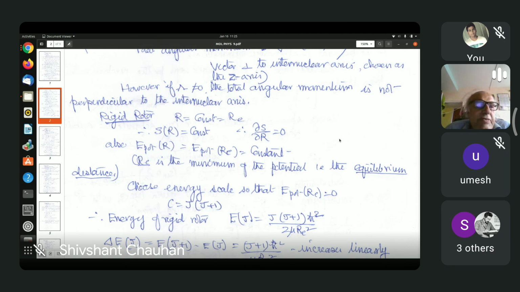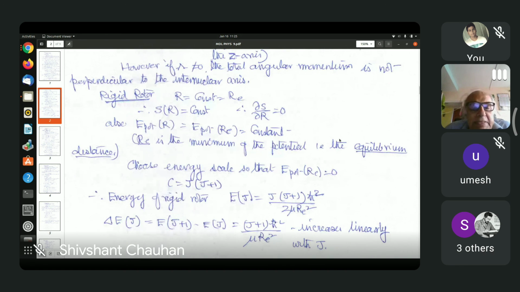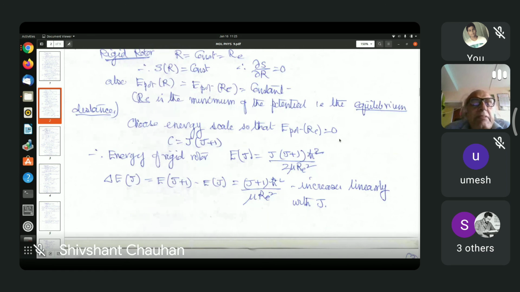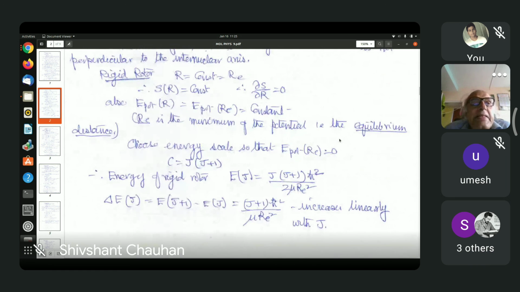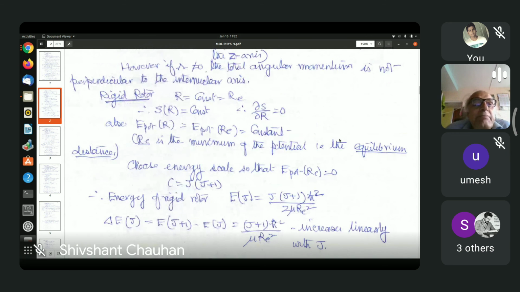Let us assume for now that there is no electronic contribution to the total angular momentum, and so this is a rigid rotor, and R remains constant. The internuclear separation remains constant during the rotation. So the potential energy between the nuclei also remains constant. And we can see that for a stable molecule to form, the internuclear potential must have a minimum.